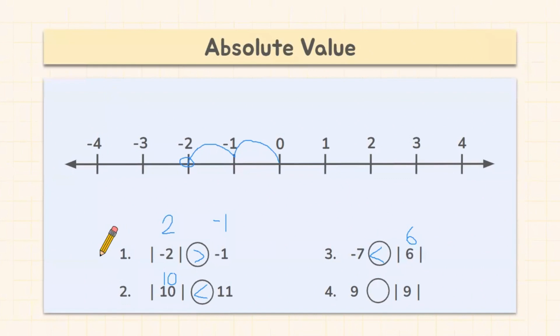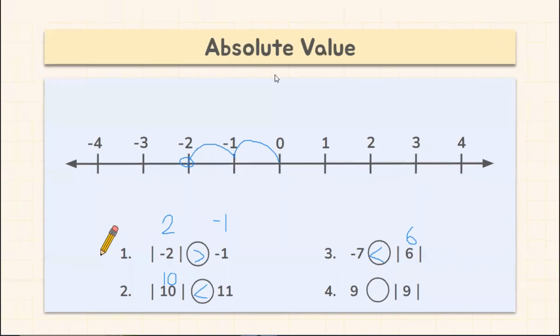And one final one that we'll look at is 9 compared to the absolute value of 9. So the absolute value of 9 is how far away 9 is from 0? It's 9 away. And we're just comparing that to 9, so we don't need to do the absolute value over here. So 9 compared to 9, they are equal.